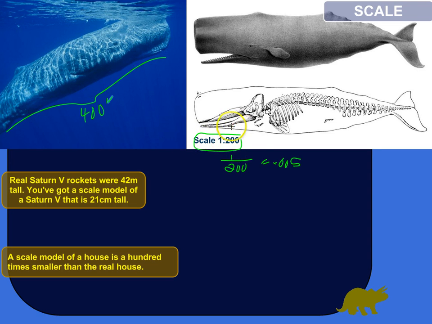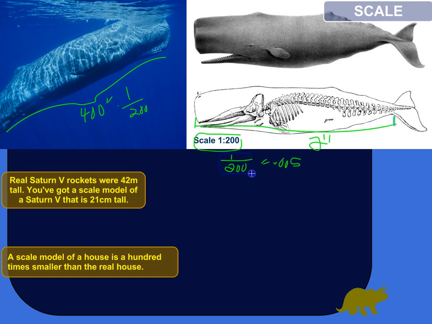Well, the scale would say take that divided by 200, or in other words, multiply by 1 over 200, and then that's the length on the actual scale drawing. So if this is 400 inches, then on the scale drawing, this would be 2 inches, which it's obviously not. It's much bigger than that. I'm just pulling numbers off the top of my head, but you get the point.